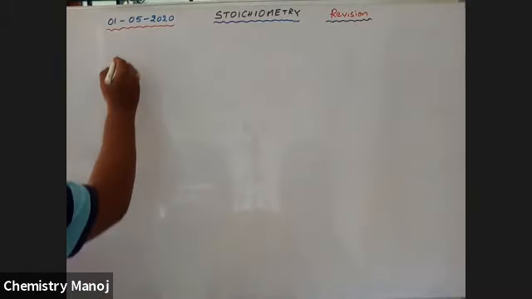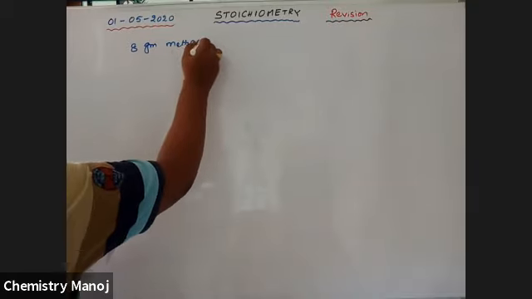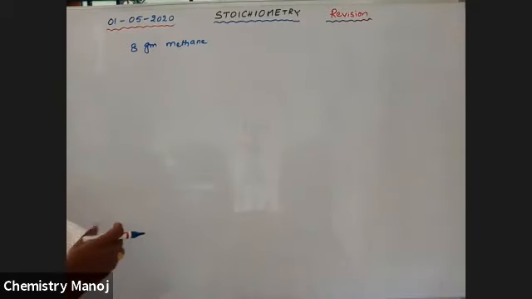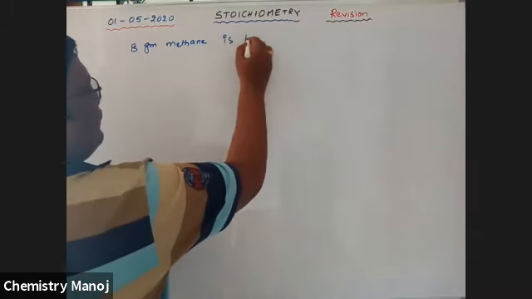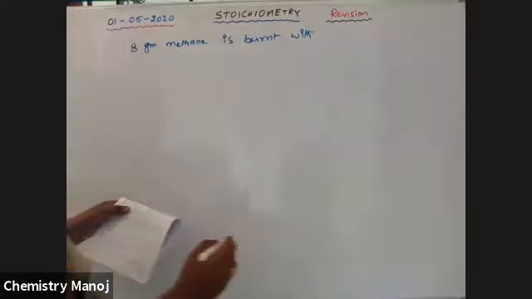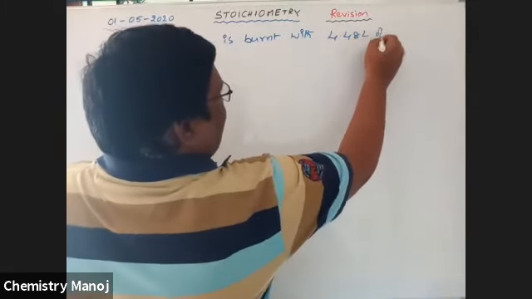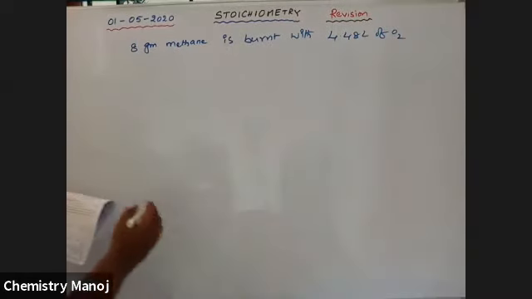8 grams of methane is burnt with 4.48 liters of O2 at STP.